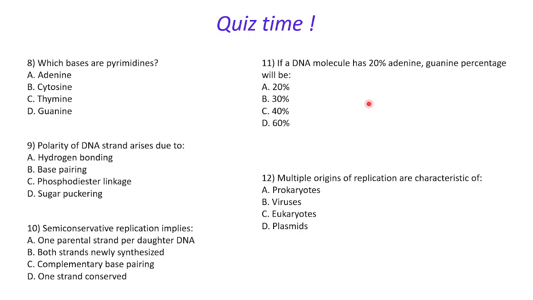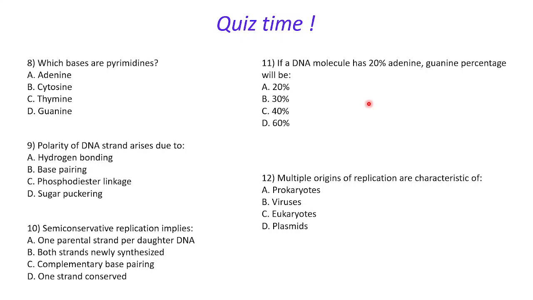Okay, I've got B. Anyone else? No. So I've got A, B, and C. So the correct option over here is option C. That is the phosphodiester linkage.